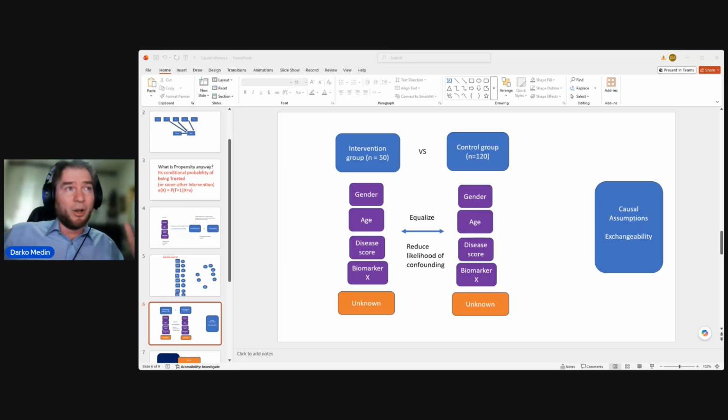I'll explain later how you can potentially address this problem, but it's very important to understand: propensity score matching should rarely be done without a sensitivity analysis covering for the unmeasured confounding and checking whether that unmeasured confounding could be a problem.